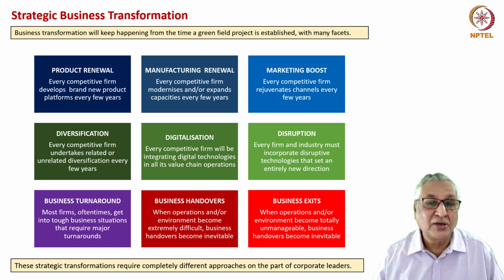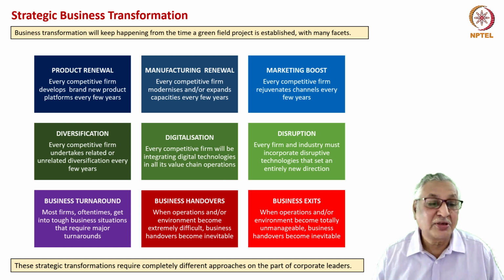The product renewal and manufacturing renewal together help a firm become competitive. Every competitive firm must simultaneously also rejuvenate channels every few years, and that provides the requisite marketing boost. What do we mean by channels? The distribution setup, the retail setup, and the value chain reaching up to the consumers.